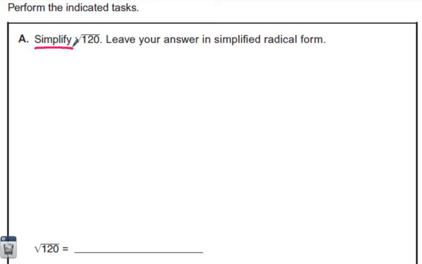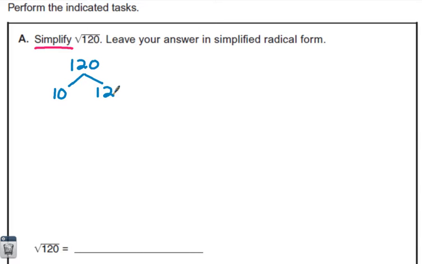The first method is made famous by our very own Mr. Birchanowski. If you've ever learned from him, what he does is he takes 120 and starts breaking it down into all of the prime factors. Breaking it down as small as we can go. For example, what times what is 120?